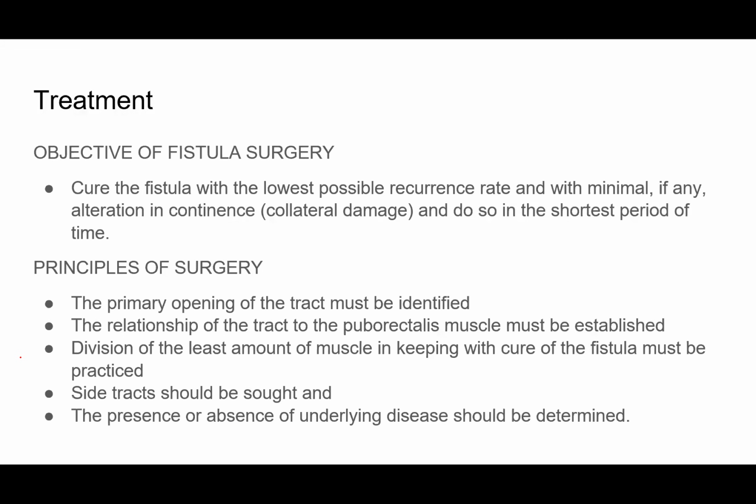So in treatment, the objective of fistula surgery is to cure the fistula with the lowest possible recurrence rate, and if there's any alteration, be it minimal, to do so in the shortest period of time. The principles of surgery are that the primary opening of the tract must be identified.